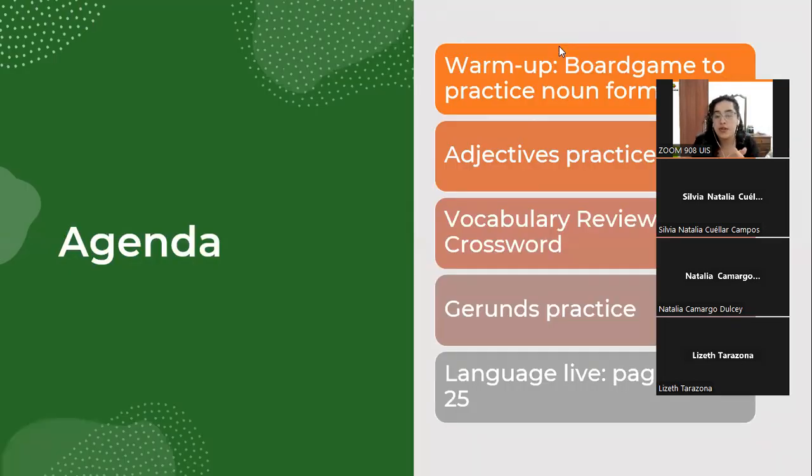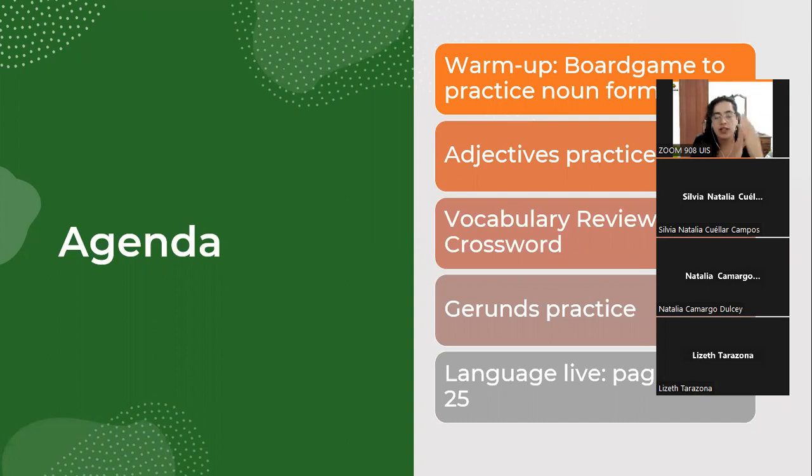Let's take a look. So the first activity is a board game to practice the noun formation. So the topic that you studied yesterday about nouns, suffixes with nouns, and that's what we're going to practice.